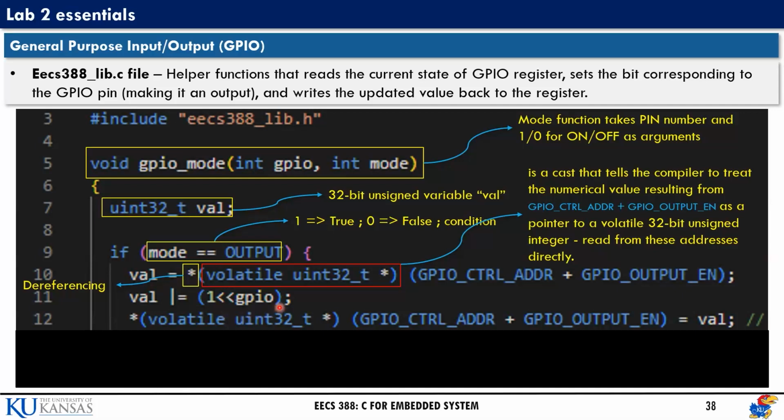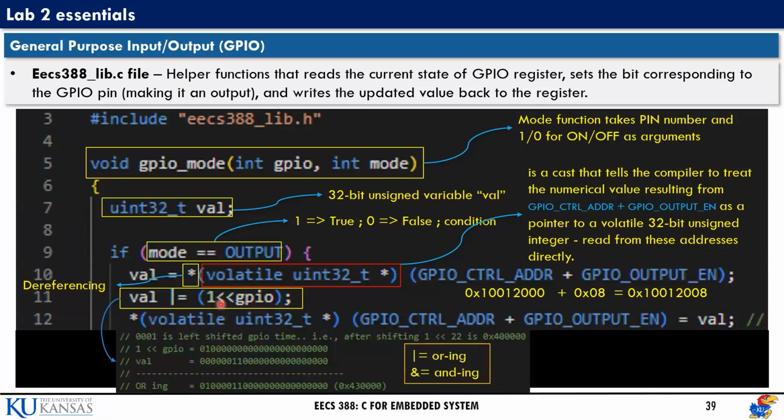Now after that, we are doing some operation here. We are getting the register value and storing it to the val variable, and whatever value we have inside val, we are doing some operation. So what operation are we doing? This is a very specific operation for turning on the LED. We have the GPIO value.